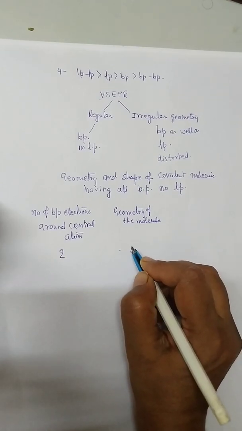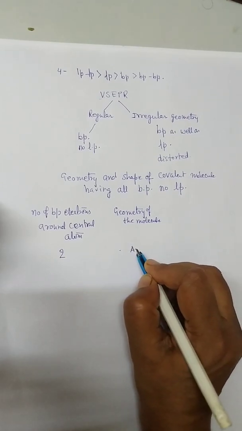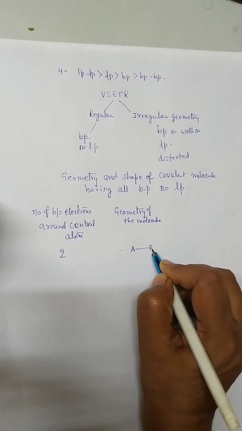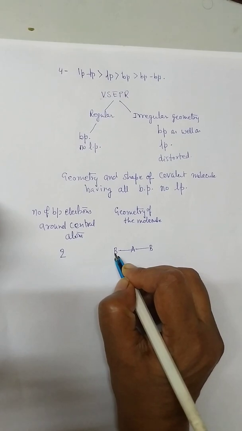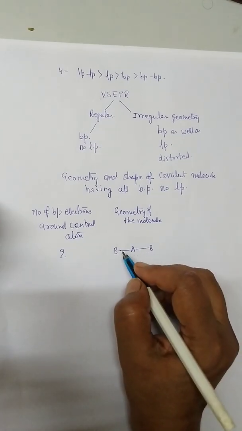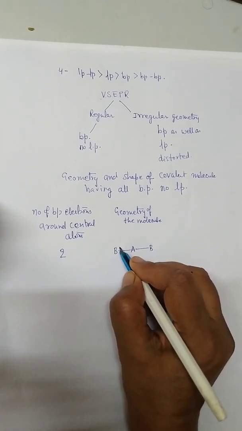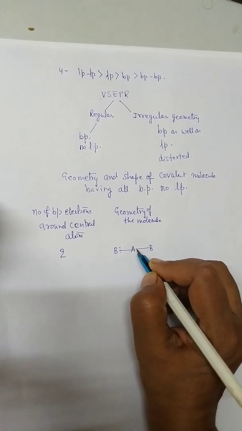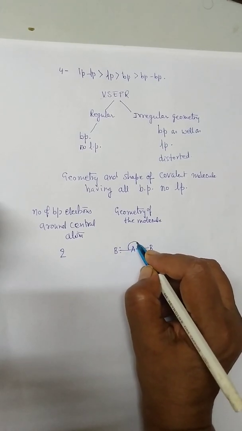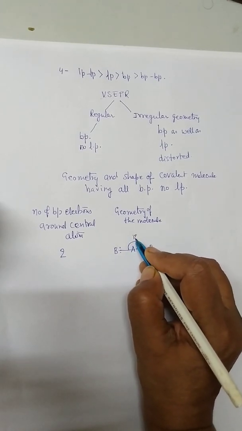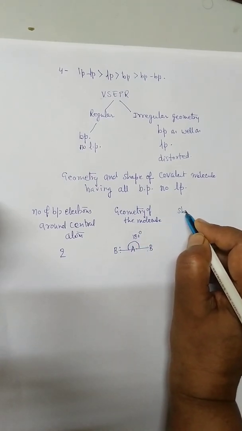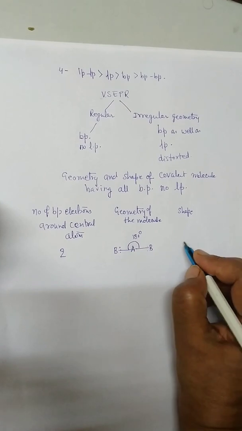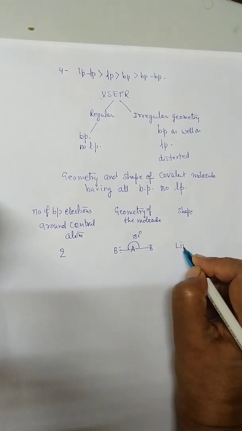A is any central atom and B is the side atom, or I can call it the surrounded atom, and the geometry will be linear and the angle will be 180 degrees, and the shape of the molecule is linear.